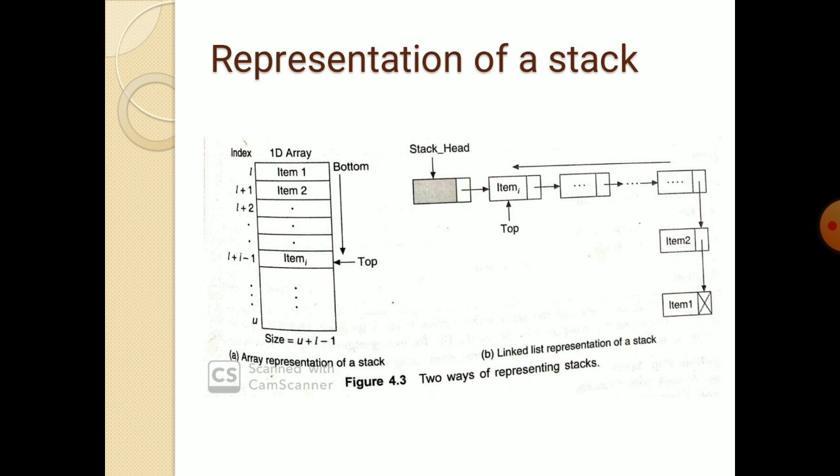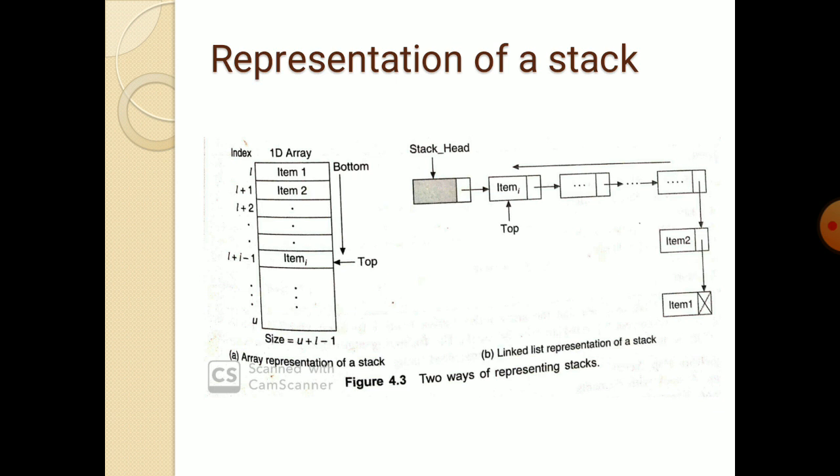We can see here the array representation of stack in figure A, and item I denotes the ith item in the stack. Here we can see the index L, L plus 1, L plus 2.